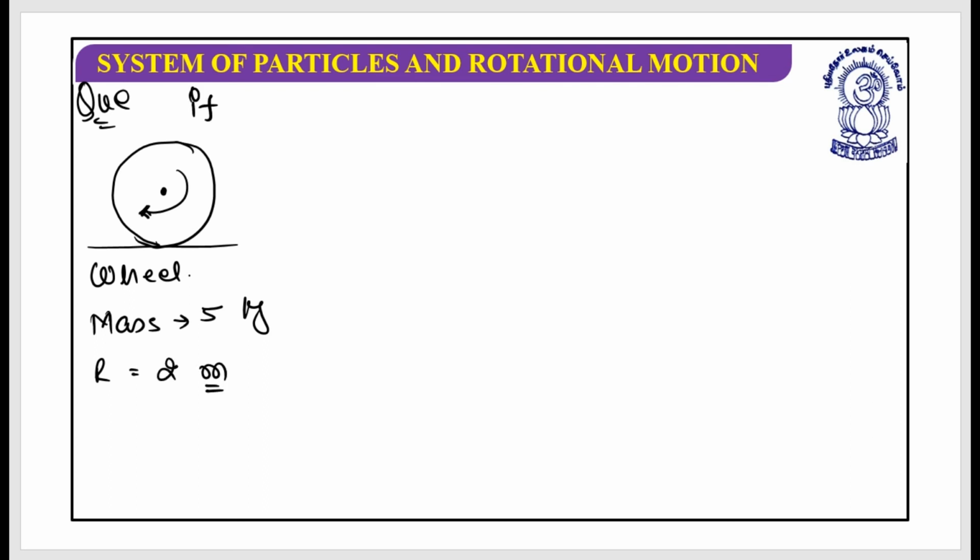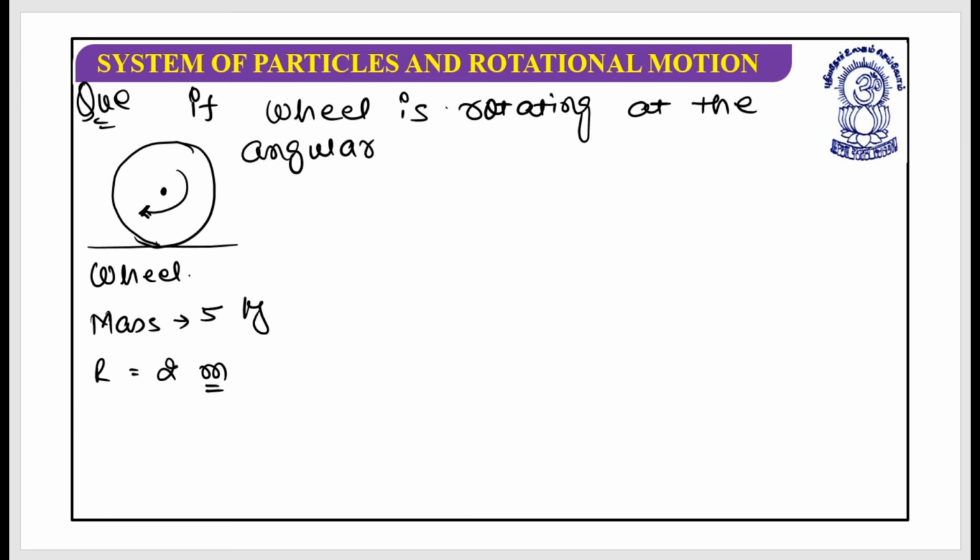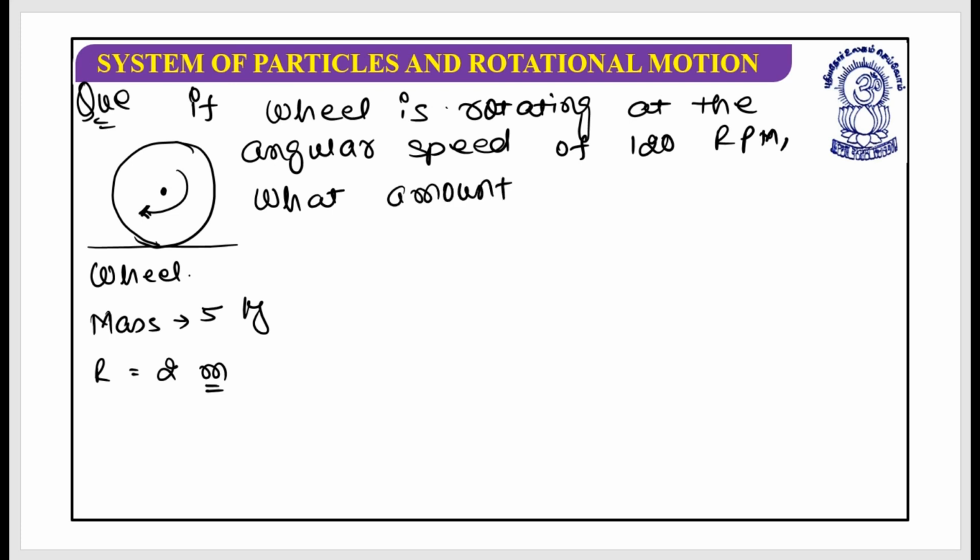The question says if the wheel is rotating at an angular speed of 120 rpm, what amount of torque can stop the wheel?